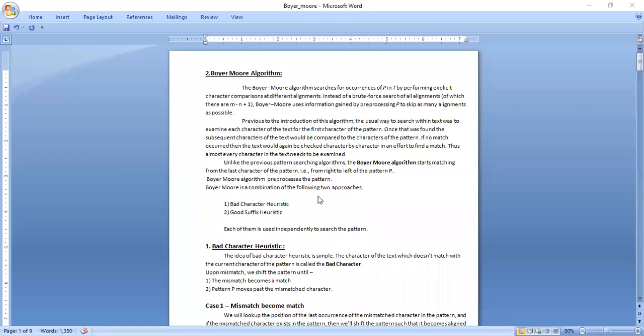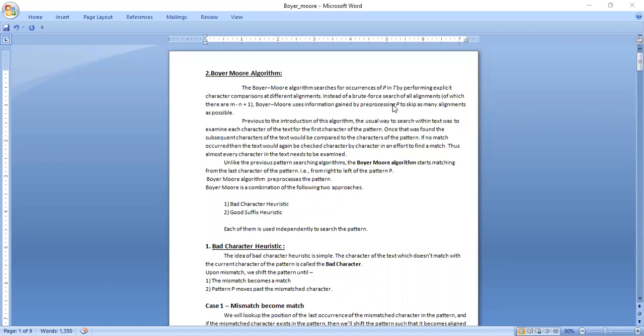Now the next algorithm we are seeing for pattern matching today is the Boyer-Moore algorithm. This is also for pattern matching, that is finding a pattern P in the text T. Same process, but with some advanced features. This Boyer-Moore algorithm also searches for the pattern P in T, but by performing explicit character comparison at different alignments.